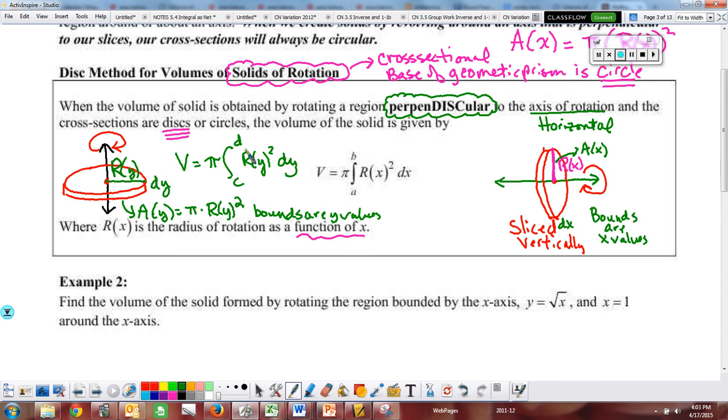So those are going to be the two volume formulas for a solid of rotation or solid of revolution. Okay? And your job is to decide which way you are slicing, and you always slice perpendicular to the axis that you're rotating around. Okay?